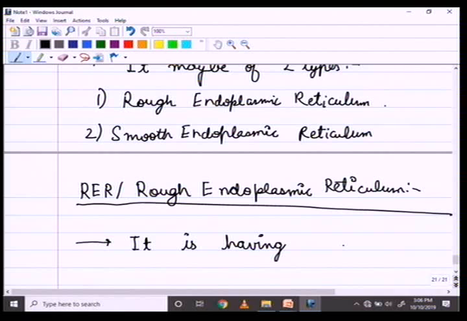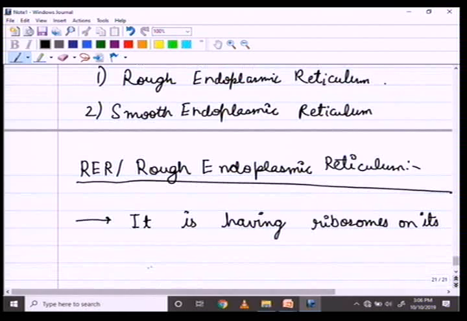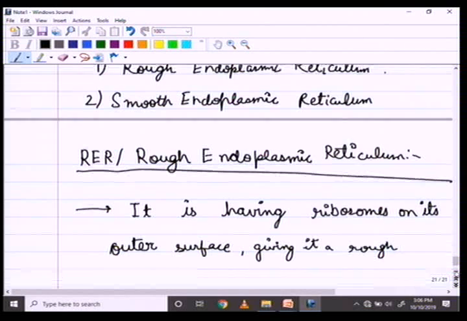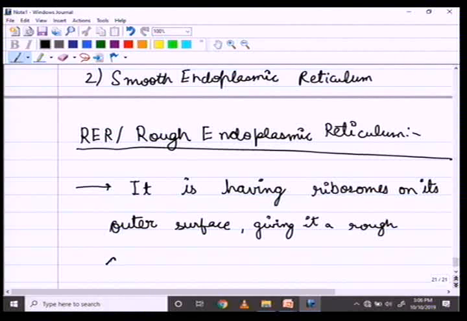It's similar to endoplasmic reticulum, the only difference is it contains ribosomes on its outer surface, giving it a rough appearance.